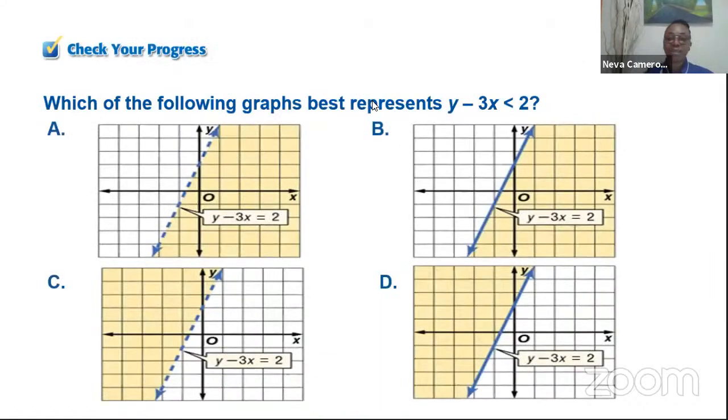All right, it's your turn. Let's check your progress. I'm going to give you a minute or two to look at the 4 options that we have here and what we would have discussed before. Which of the following graphs best represents y take 3x less than 2?